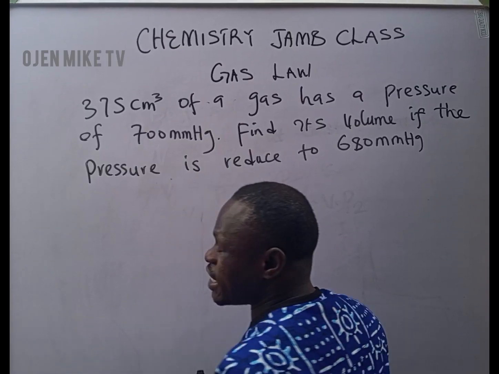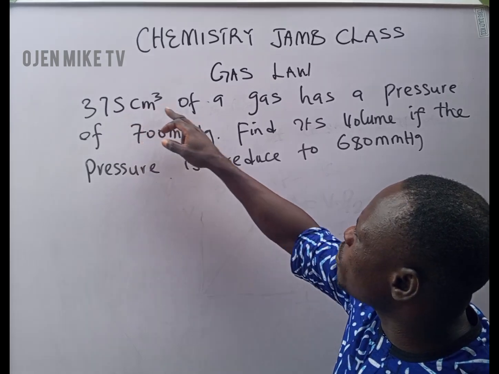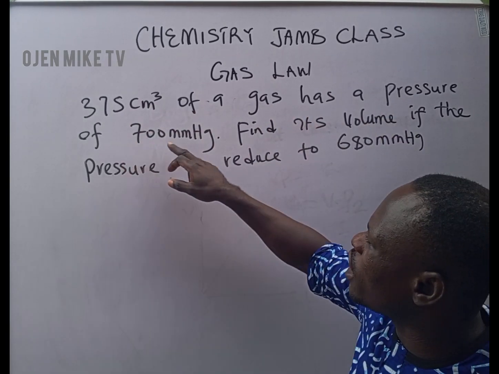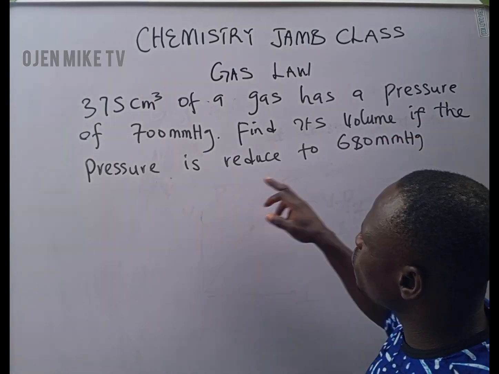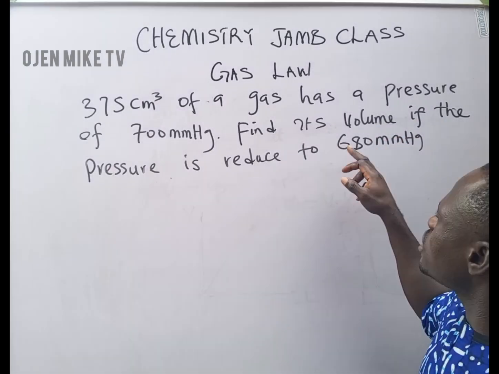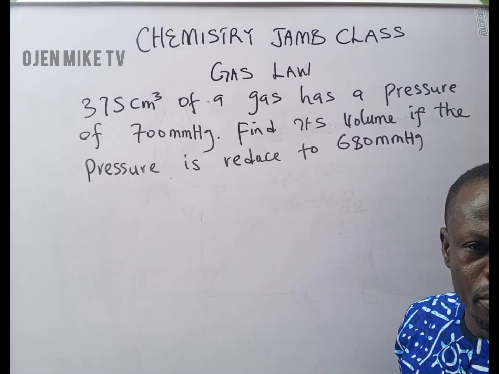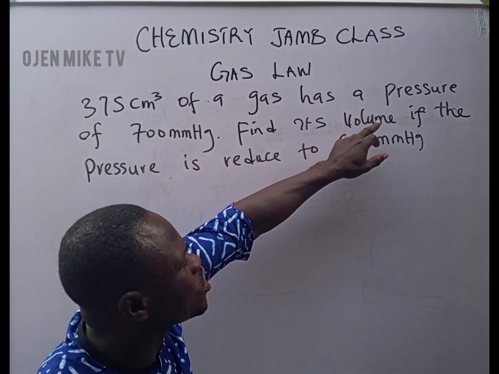Here is an example. This example says that 375 cm3 of a gas has a pressure of 700 millimeter mercury. Find its volume if the pressure is reduced to 680 millimeter mercury. Now what you should know is what you are asked to find, its volume.